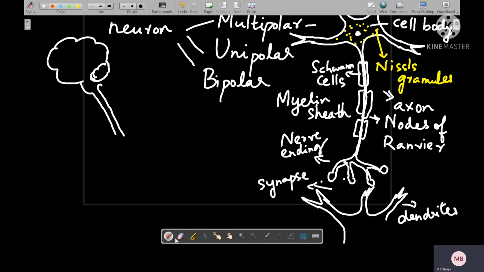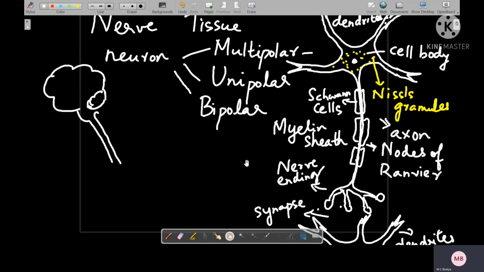So in this synapse area, the nerve impulses that were traveling in the form of electrical impulses will get converted to chemical impulses here, which are also called neurotransmitters. And then the chemical impulses will get converted again to electrical impulses on the next neuron, that is towards the dendrites.